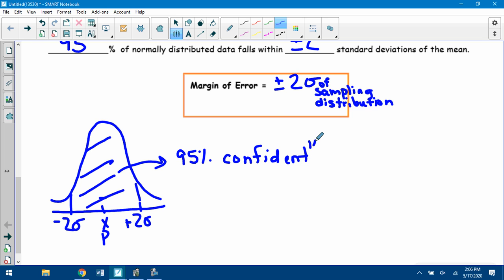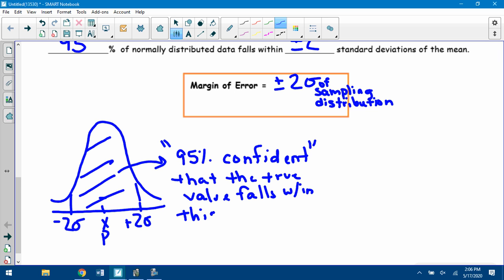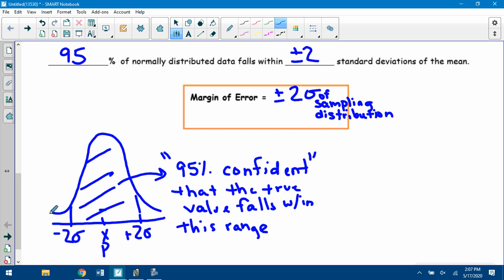This is a phrase you're going to see, that the true value falls within this range. All right, it'd be pretty unlikely that one of these dots over here was the true population proportion. But we're 95% confident that the true proportion or the true mean is somewhere in between here.